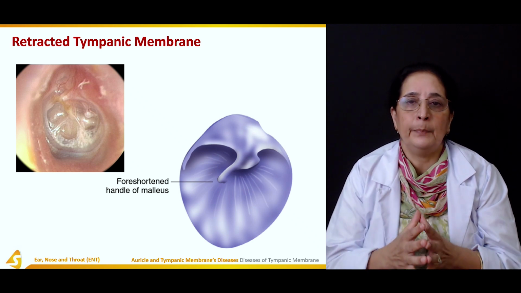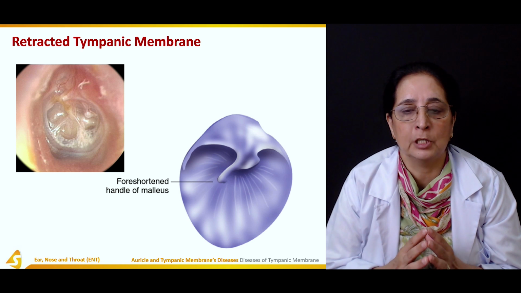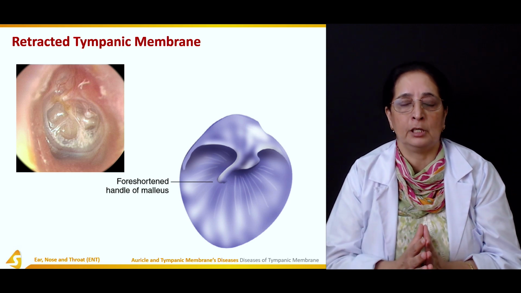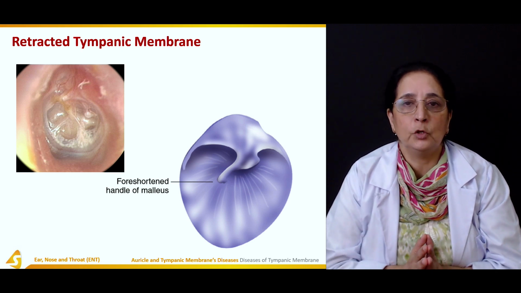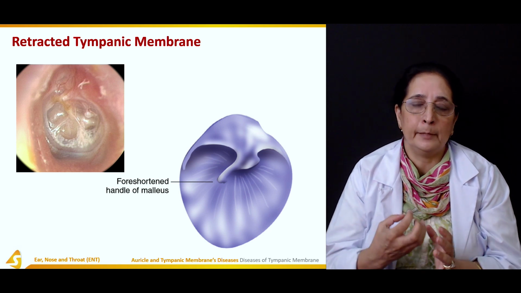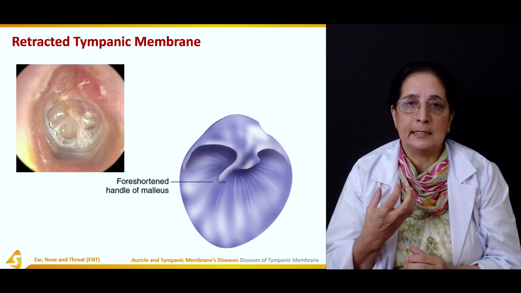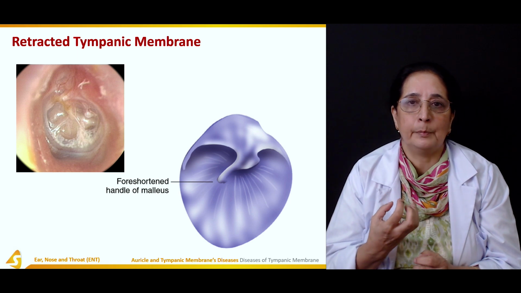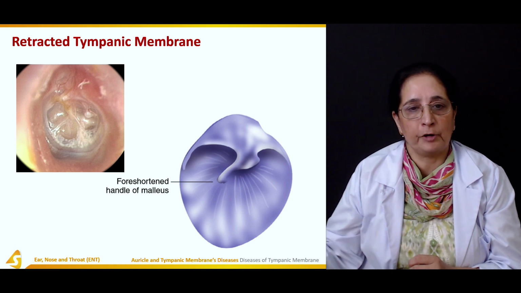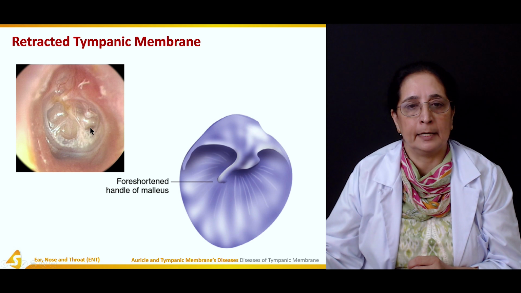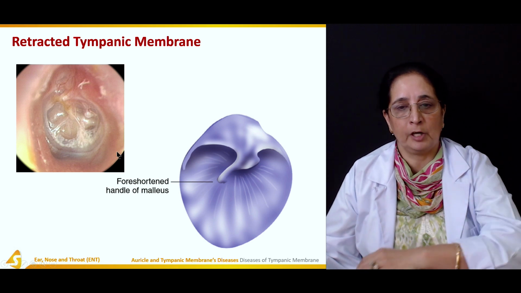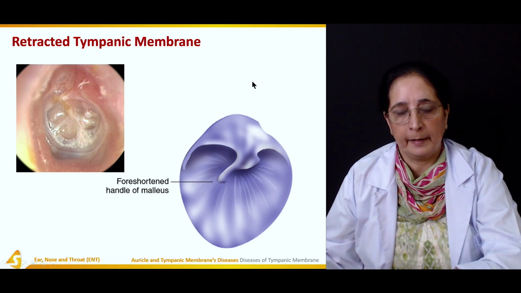So when the eustachian tube is not functioning properly, the air pressure is less, and as a result of less air pressure, there is retraction of the tympanic membrane.